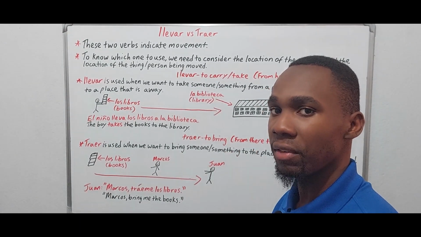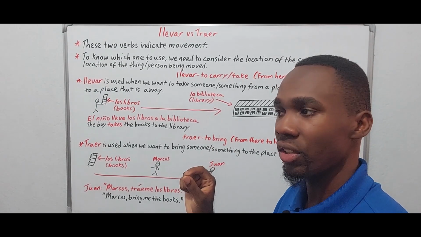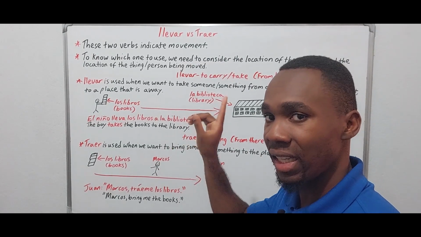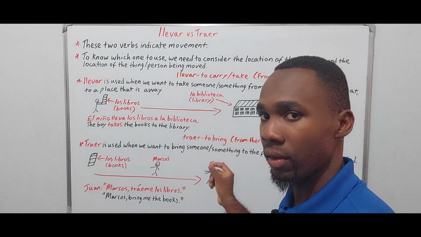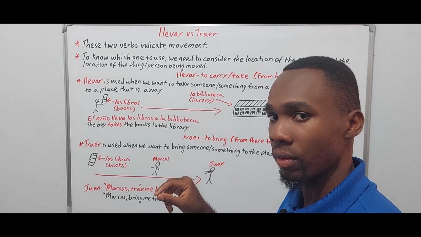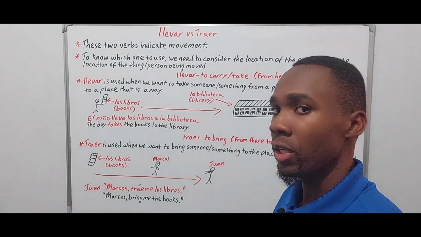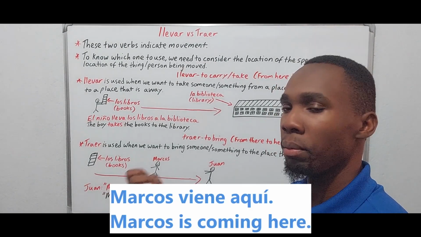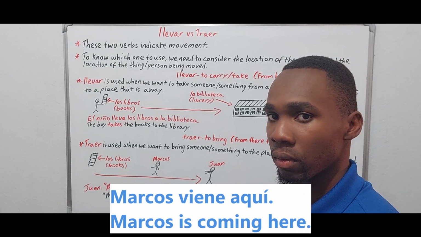Marcos viene a la fiesta. Just like I said with ahí and llevar, now you can use aquí. If aquí can replace the location, then when I say Marcos viene a la fiesta, aquí can replace a la fiesta, aquí meaning here. So Marcos viene aquí. Marcos is coming here.